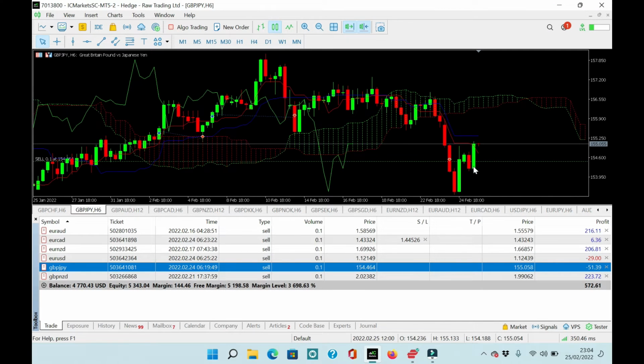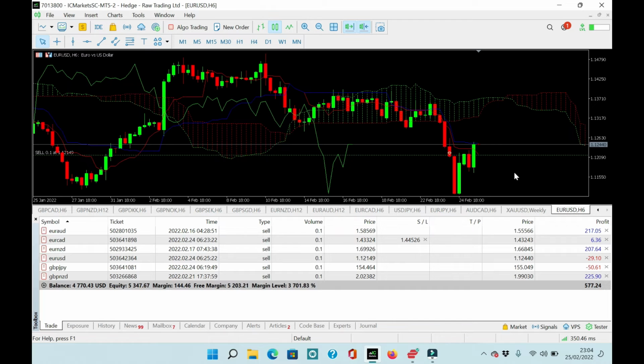I'm still thinking about this pound sterling Japanese yen. Do I need to close it? And Euro USD, I'm supposed to have closed this afternoon, right? Not today. Oh, scheiße. Really shit.